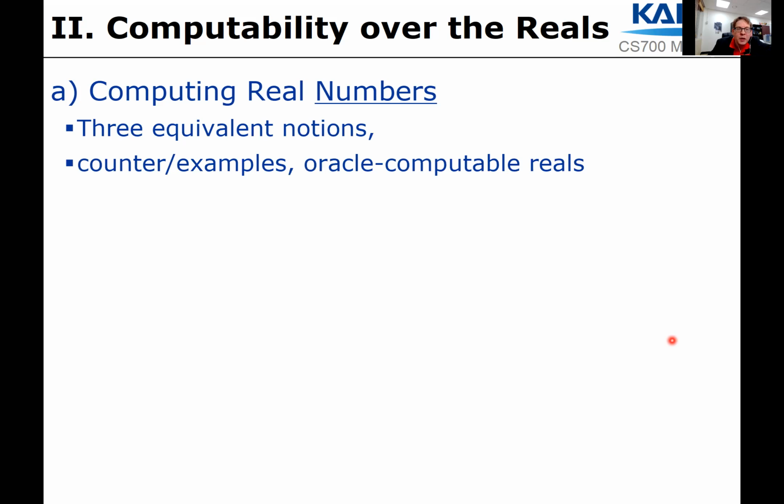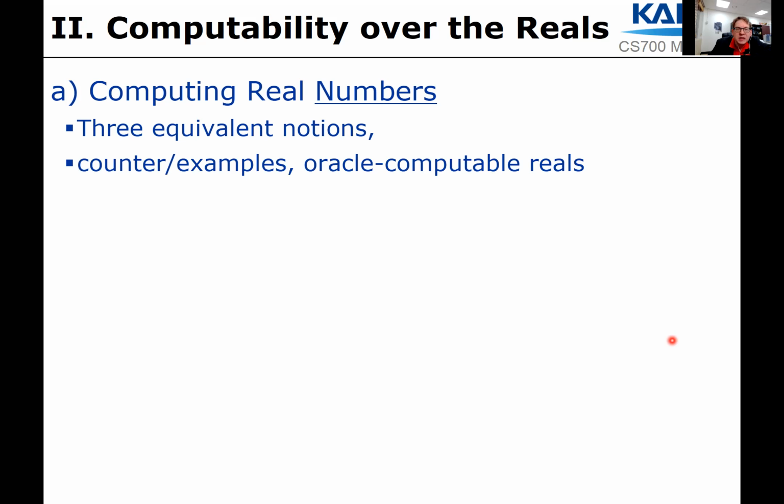Then we adapted these notions and concepts from the discrete setting to the real setting. Our real setting is usually the guide and transition to the more general setting of more general and abstract spaces. So, computability theory of the reals. We discussed different notions of computability for real numbers and established them as equivalent.